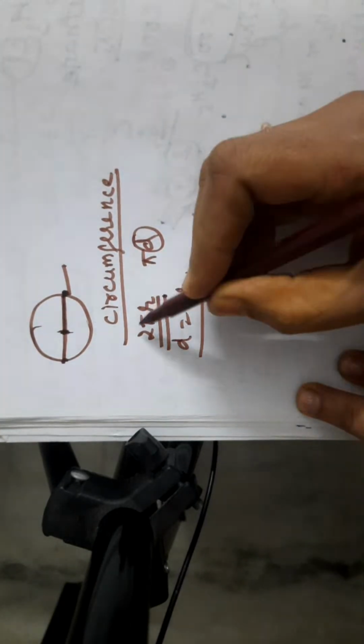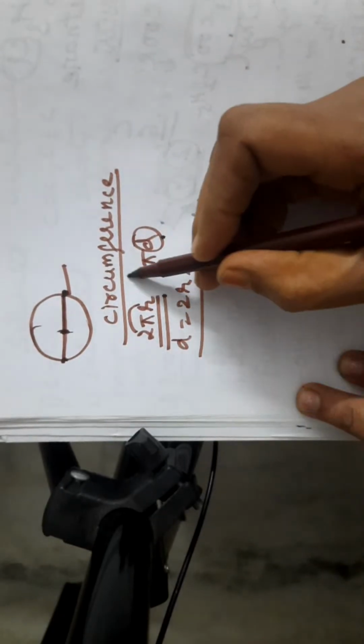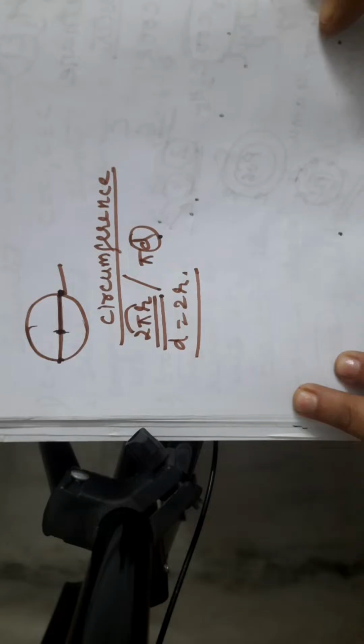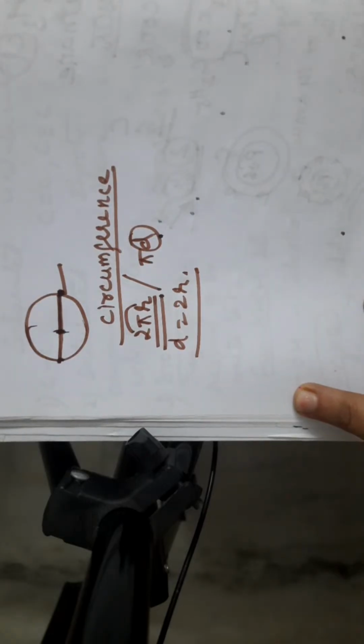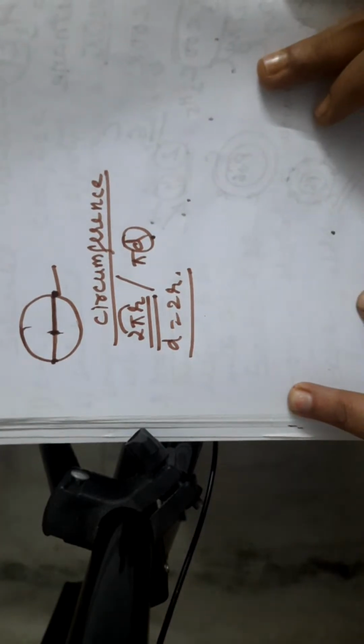So in place of 2r, we can write d. For circumference, you can use either 2 pi r or pi d. So these are the two formulas.